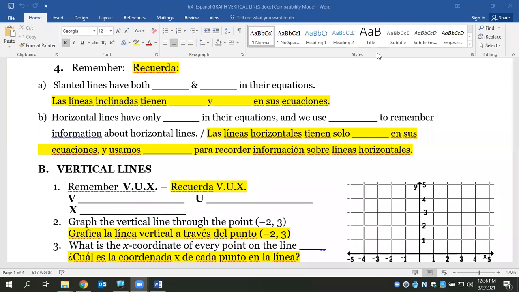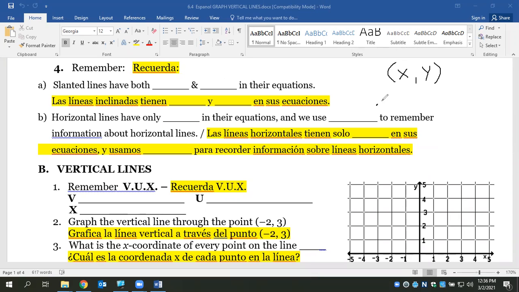Okay. Number 4. So number 4 tells us that, remember, slanted lines have both x and y in their equations. Slanted lines have x and y in their equations.